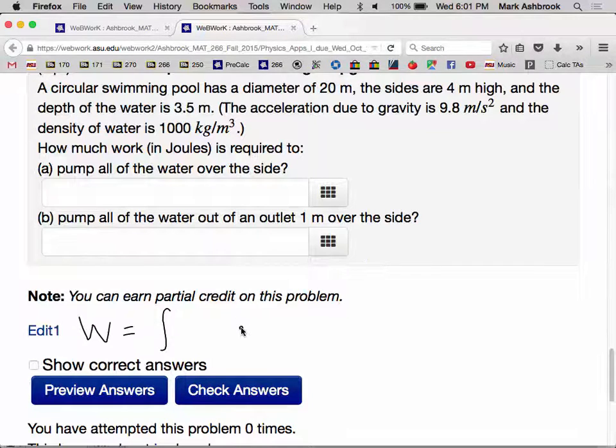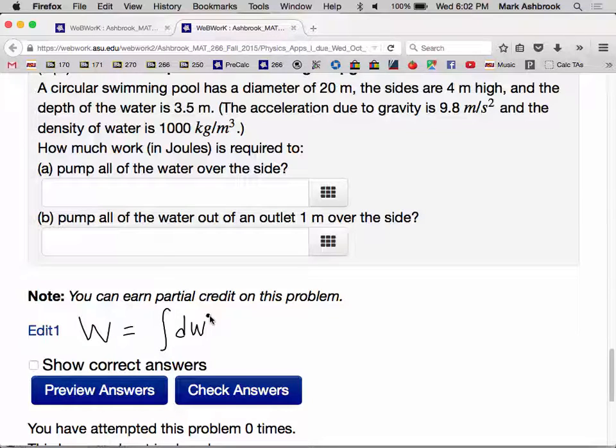If we want a volume, we have to sum up little volumes. If we want an amount of weight, we're going to sum up a bunch of little amounts of weight. If we want work, we've got to sum up a bunch of little amounts of work. That's what the integral means. S for sum, the German S for sum, a bunch of little amounts of work. So that principle is huge.